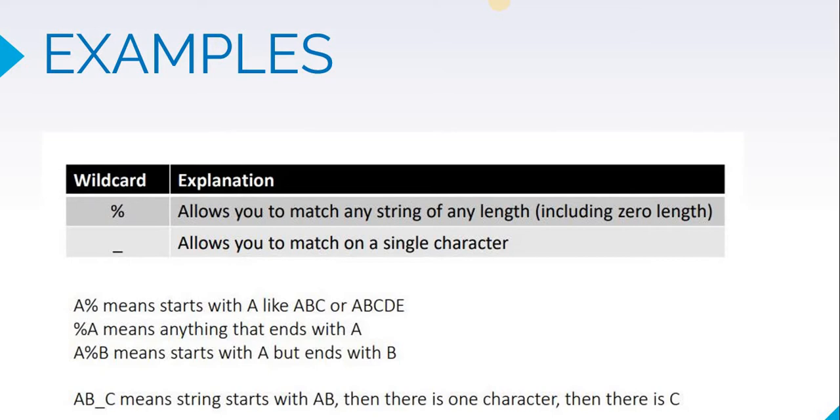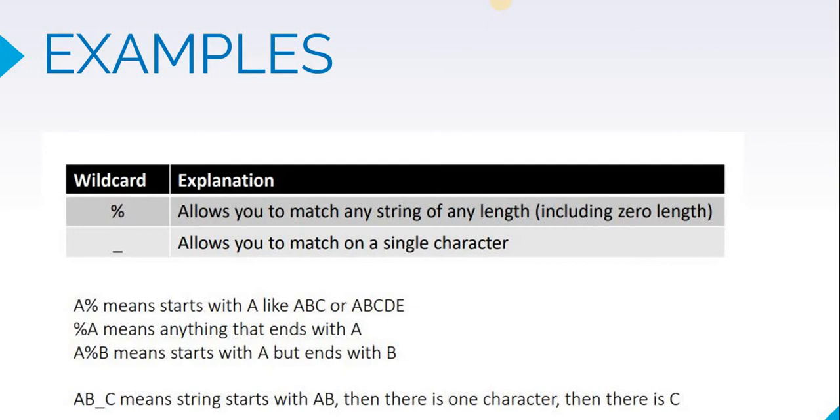A%B will mean it is starting with A and ending with B, and between A and B there are any number of characters. Do note that a space is considered as a character and even a 0, to say that no character will also be acceptable. So A%B will also include AB. That is, there is no character between A and B.